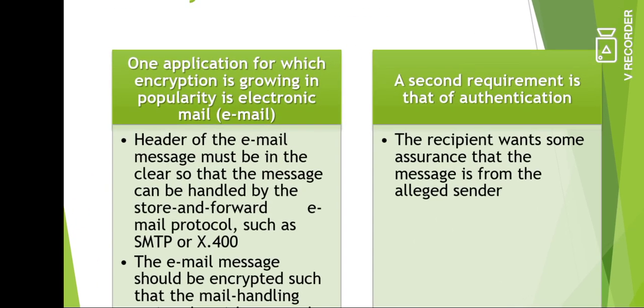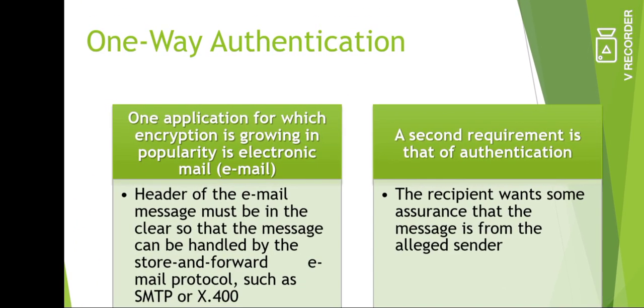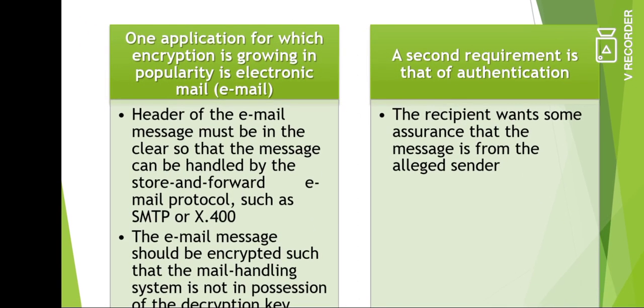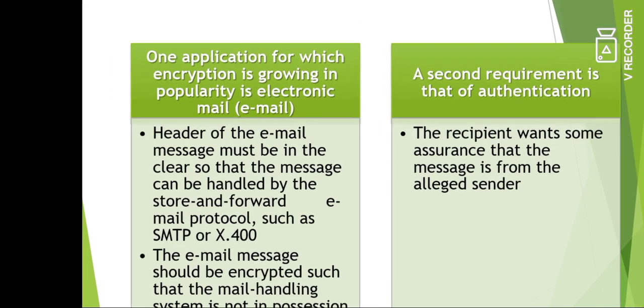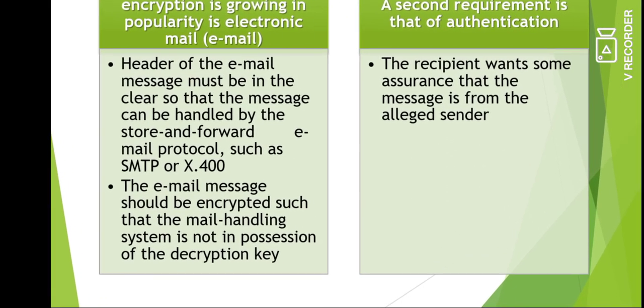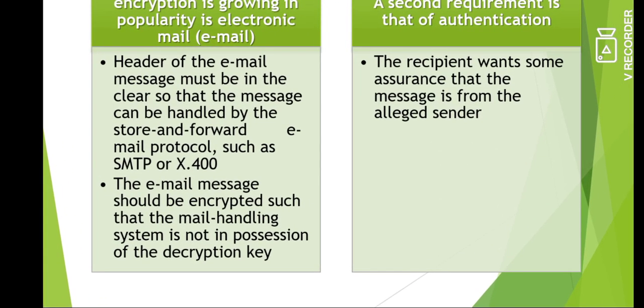Next is one-way authentication. As the name implies, one-way authentication involves authentication from one side. One example application is email. The header of the email message must be in clear form so that the message can be handled by store-and-forward email protocols.